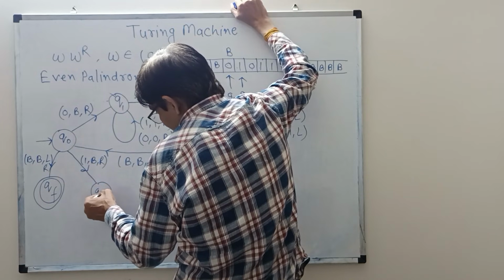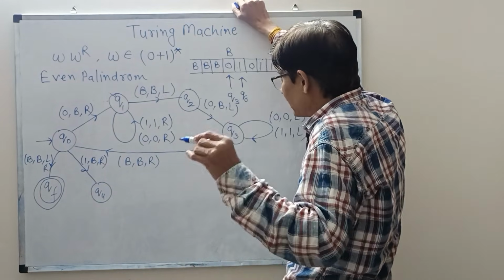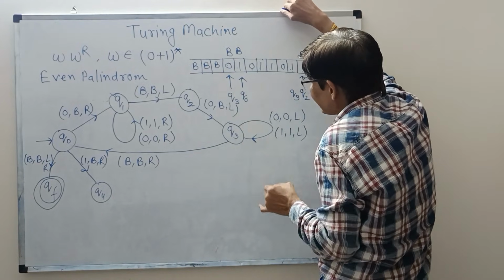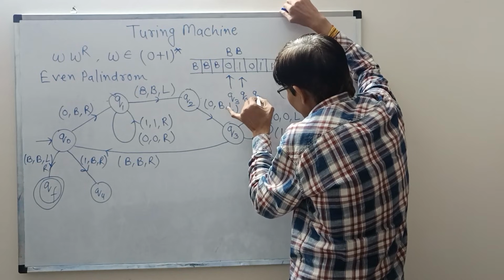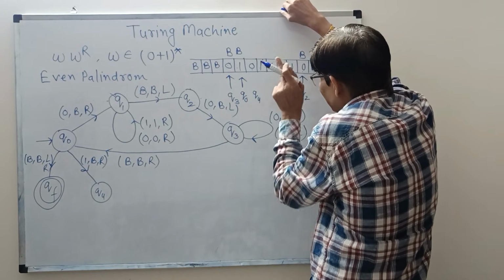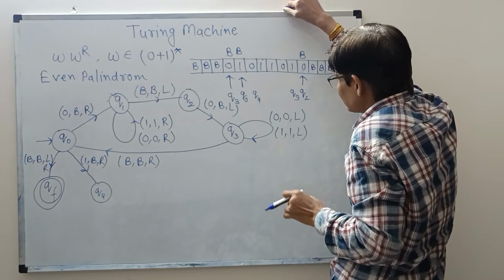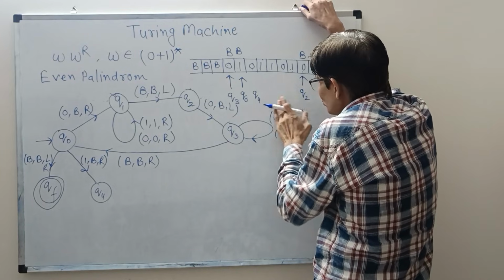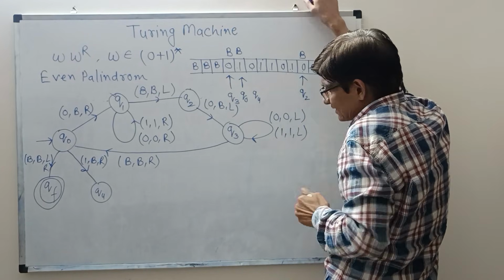So I can use here Q4. Now I'm on Q4. I have converted this one into blank and I am on Q4. Now on Q4, I need to skip all these characters, all these remaining symbols. Until we are getting blank, we will continue moving towards the right direction.